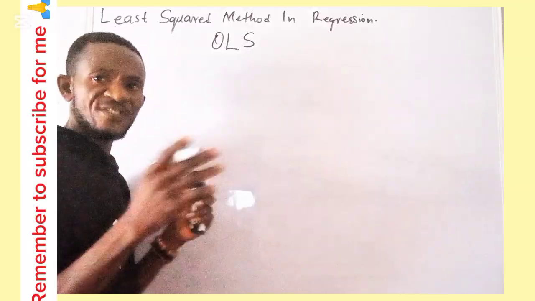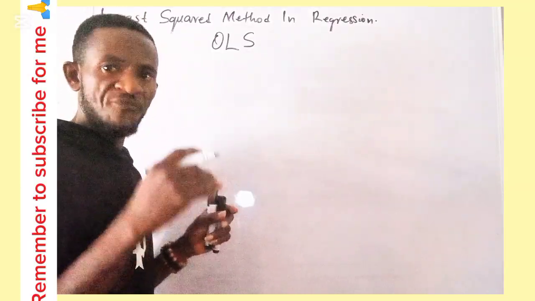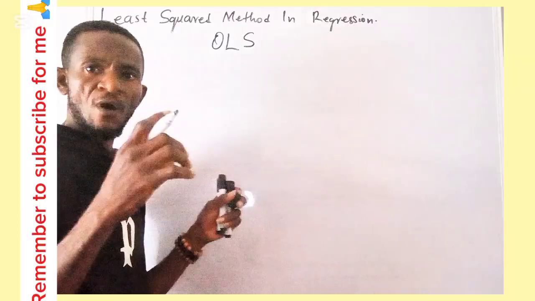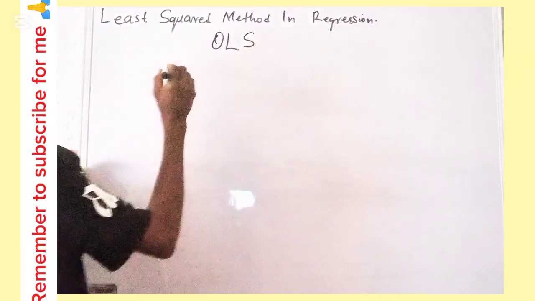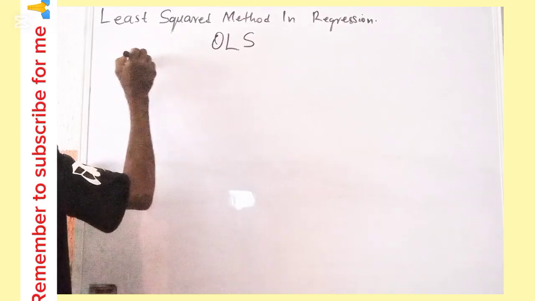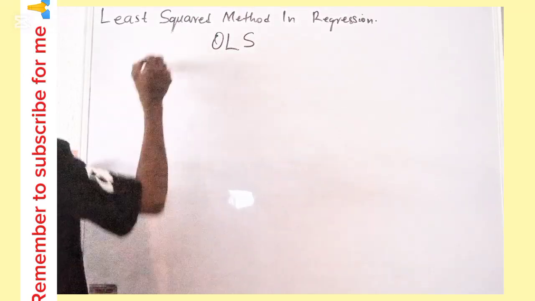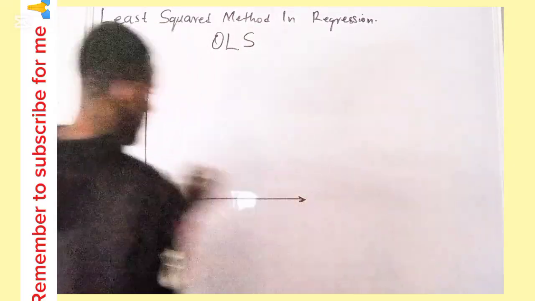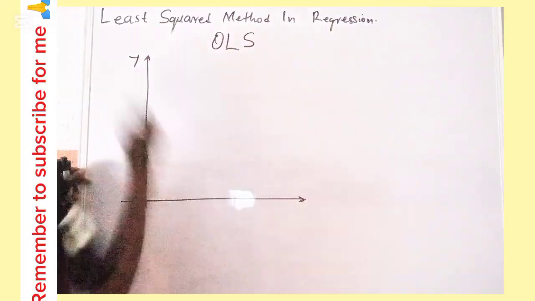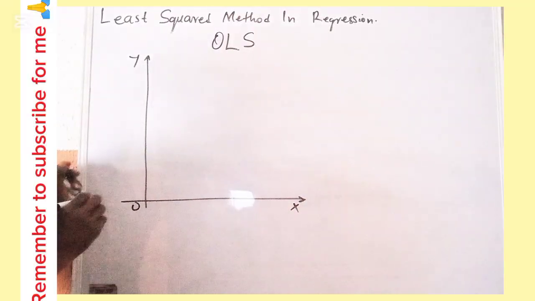Let us assume that we have a scatter diagram of the true values of x and y. So you have a graph that looks this way. Here is your y, here is your x, and here is the origin, 0.